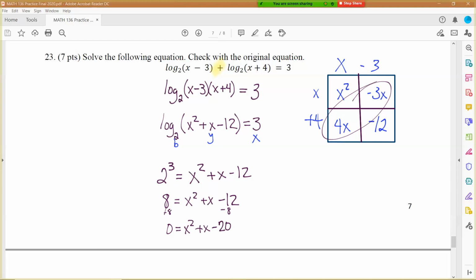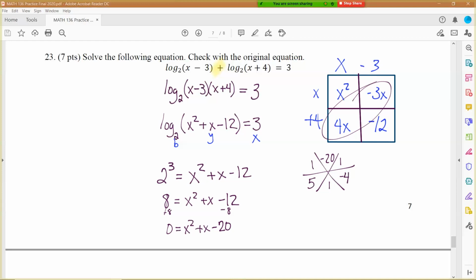And what do you think we're going to have you do with this? Asterisk. So here we have 1, 1, 1, negative 20. We're looking for two numbers that multiply to give us negative 20, but add to give us 1. Which one needs to be negative? 4.